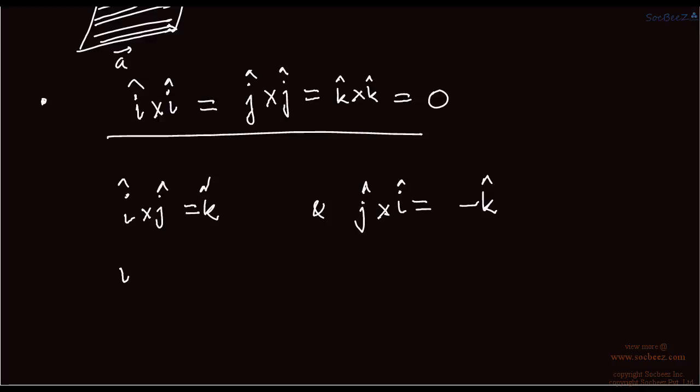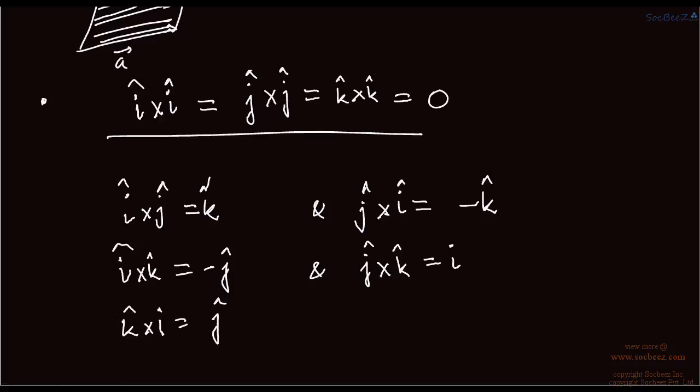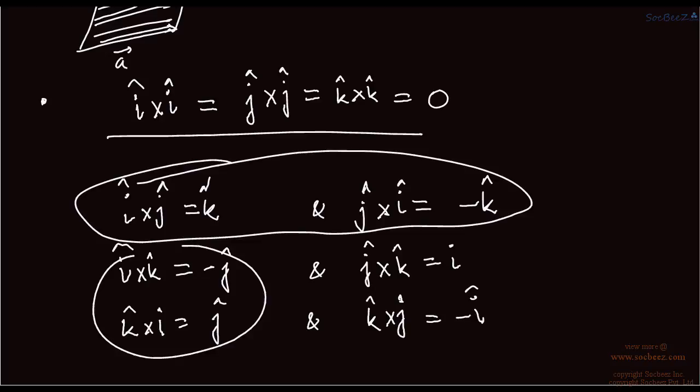Fine. Similarly, I cross K is minus J cap and J cross K is I cap. K cap cross I is plus J cap and K cross J will be minus I cap.